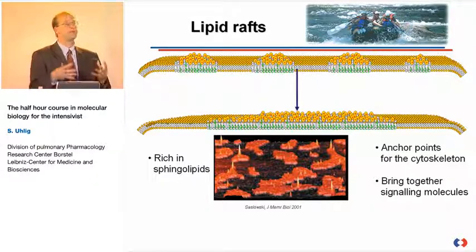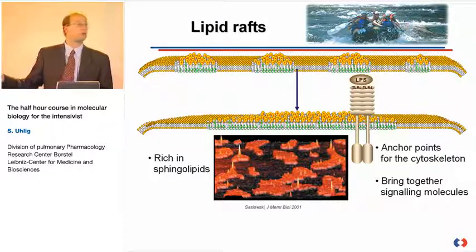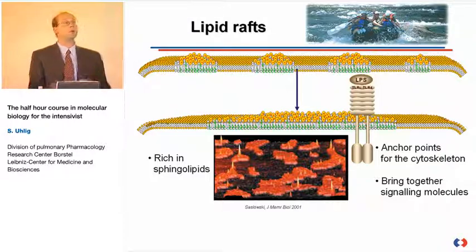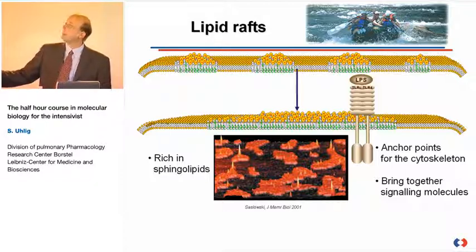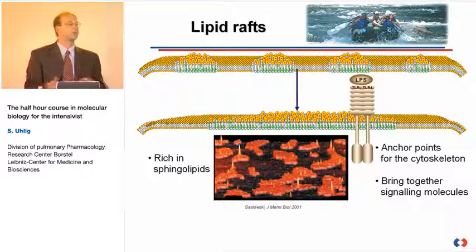So we know, for instance, that the T-cell receptor and also the toll-like receptor is really a complex of many molecules coming together. It's not only one molecule, it can be like 10, 15 molecules coming together and working on the same answer of the cell. And these molecules are thought to come together in those lipid rafts, to be contained in those lipid rafts, to provide an environment where they can come together and signal together.